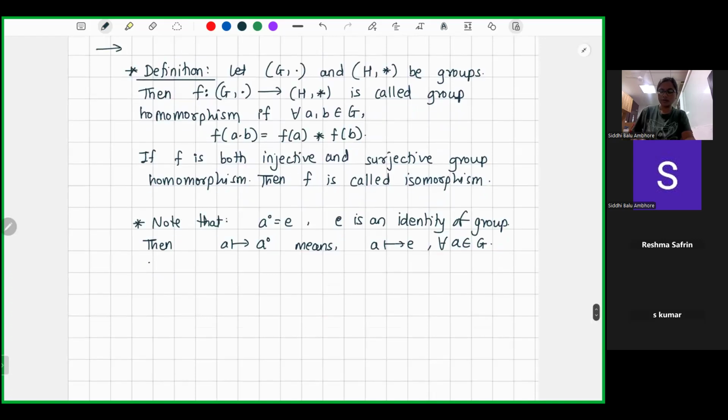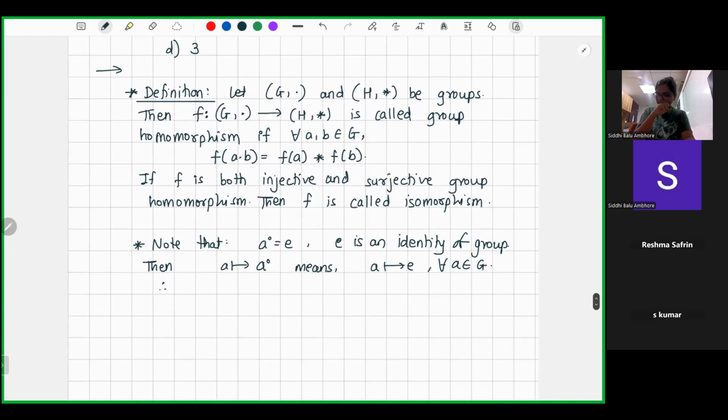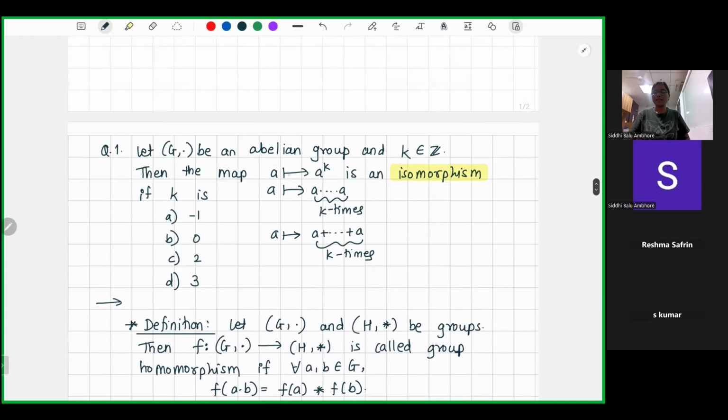Therefore A going to A power 0 is not an isomorphism if G is not equal to E. This is a map from G to G again.